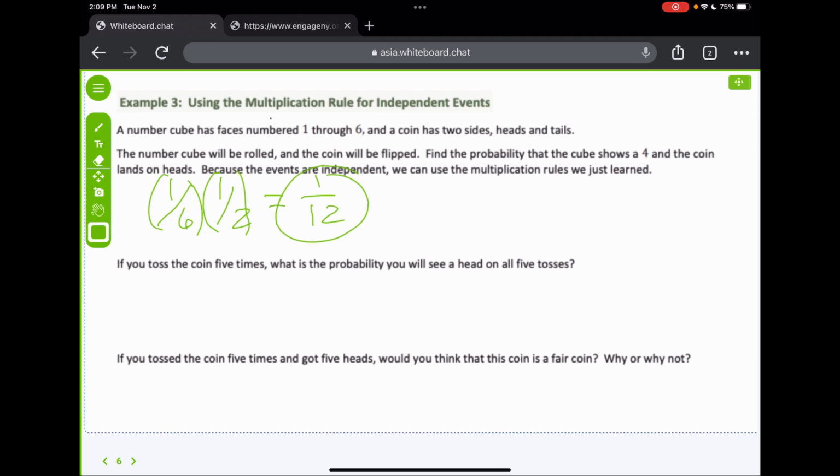Now, if you toss the coin 5 times, what's the probability that you will see a heads on all 5 tosses? Does the first toss have an effect on the second one? Well, no, they do not. So we can multiply those together. So do it 5 times.